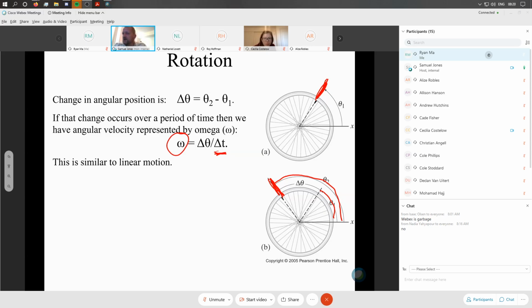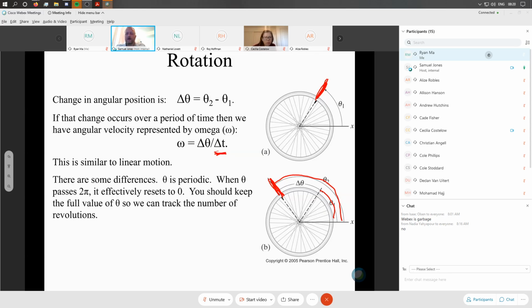It looks like a W. Often people call it a W. It's not a W. It's a curvy W, right? You've seen this before. Okay. So this is a lot like the definition we had for velocity in a linear system. Velocity is change in position over time. Omega, which is angular velocity, is change in angular position over time, or rotation over time.